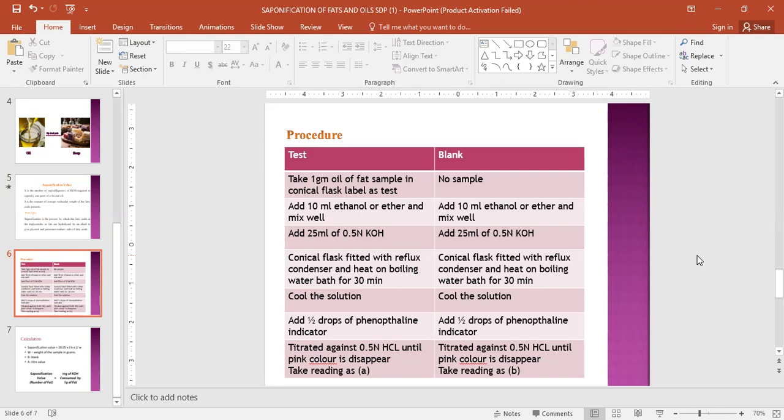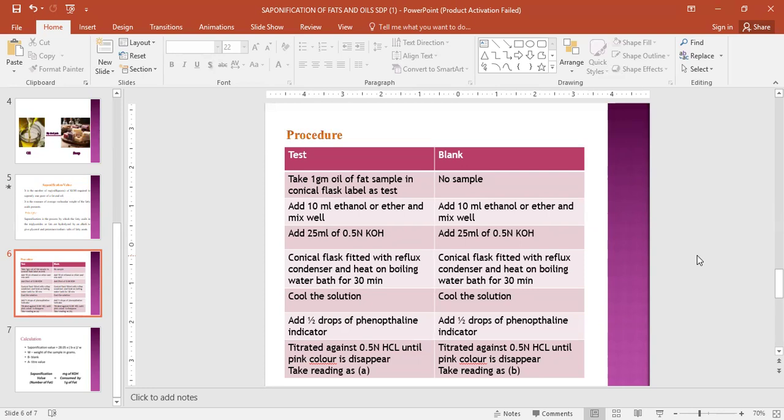disappears. There is one point where the pink color disappears. That point is nothing but the end point of the titration. Then take the reading of the burette where the end point is found, and that reading is the small a.